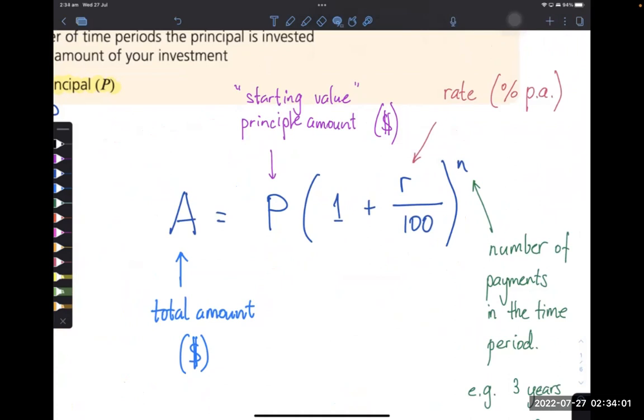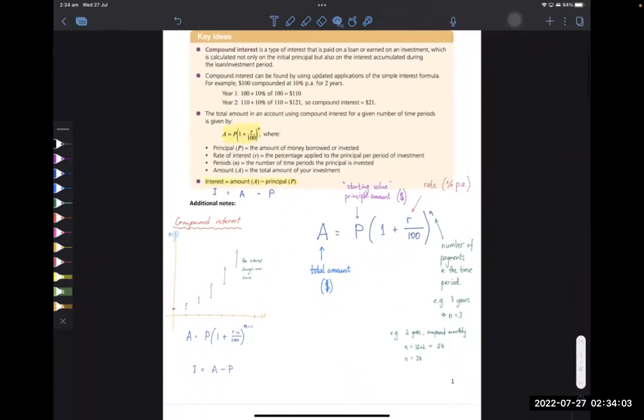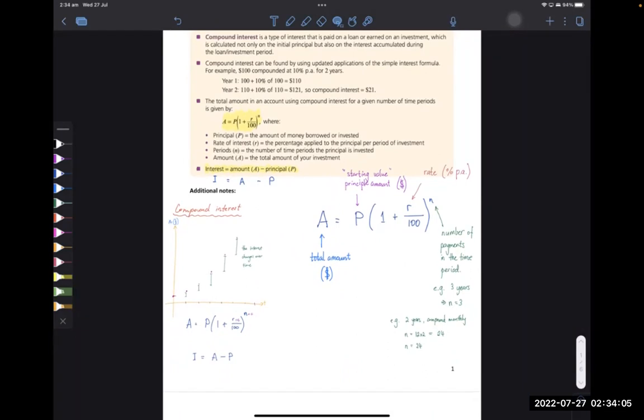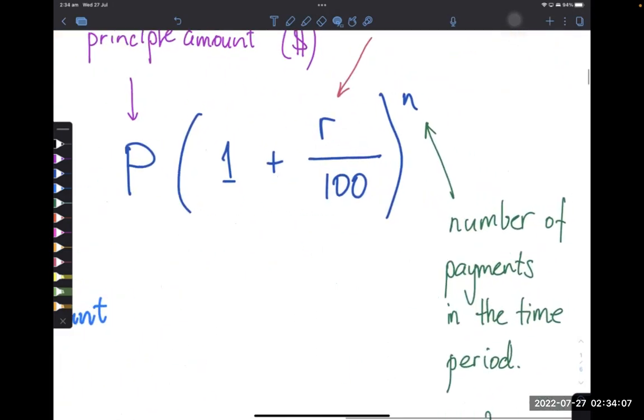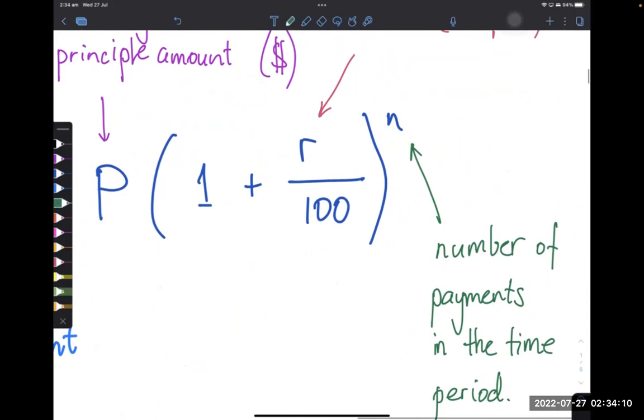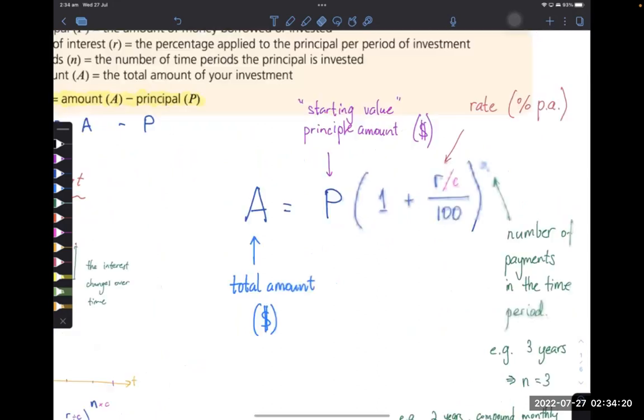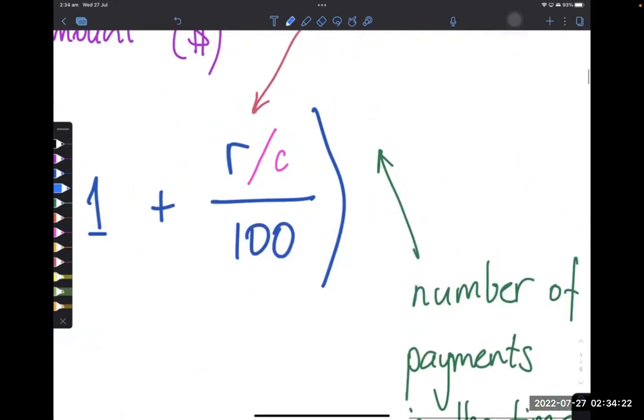So I'd like you to turn to page 1, and I want you to add on to these notes here. What you're going to do is go R divided by C. And at the top here, N is going to basically turn into your time times the amount of times you compound.